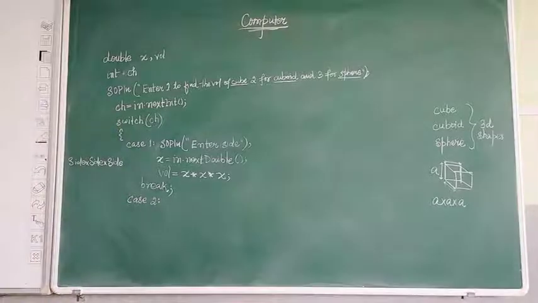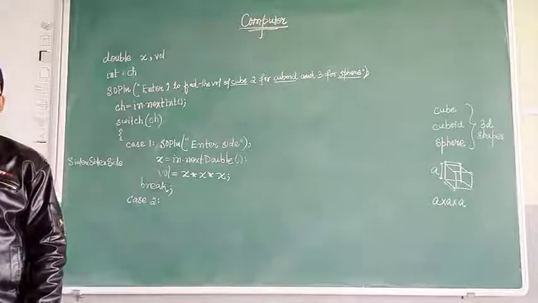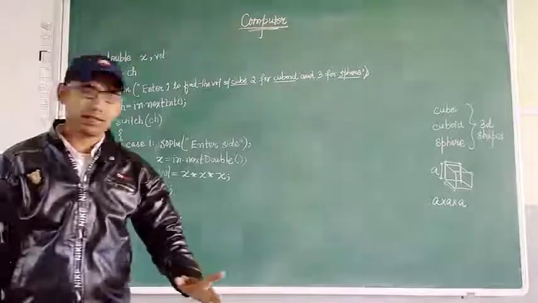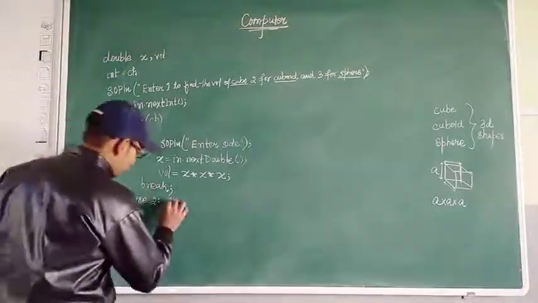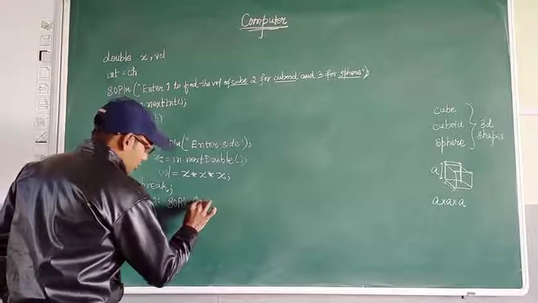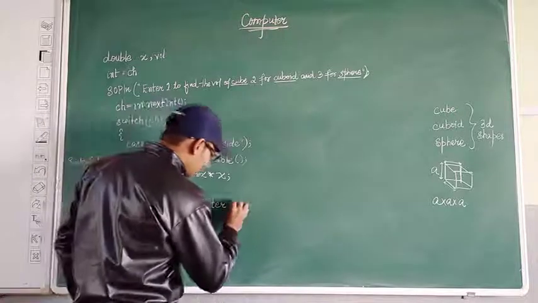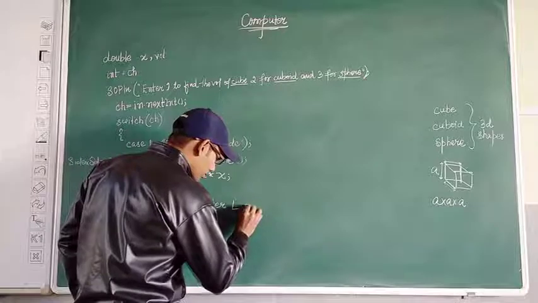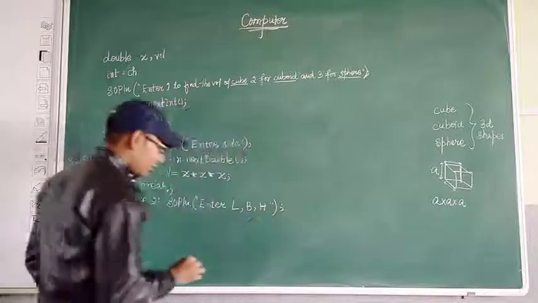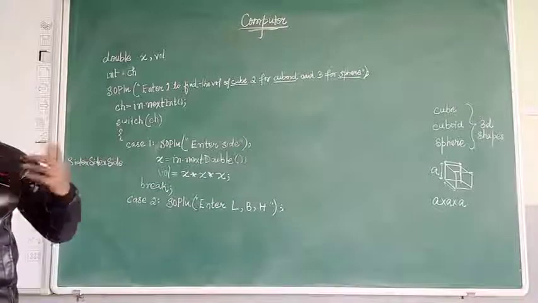Now, case 2. Case 2 is going to deal with the cuboid. What are the necessities to find out the volume of a cuboid? Length, breadth, and height. Enter L B H. The user will understand LBH, right? That much knowledge the user definitely should have.